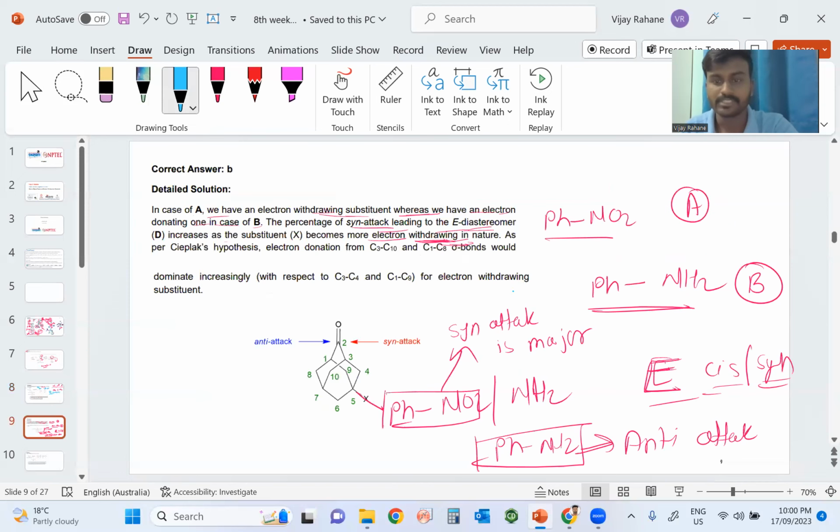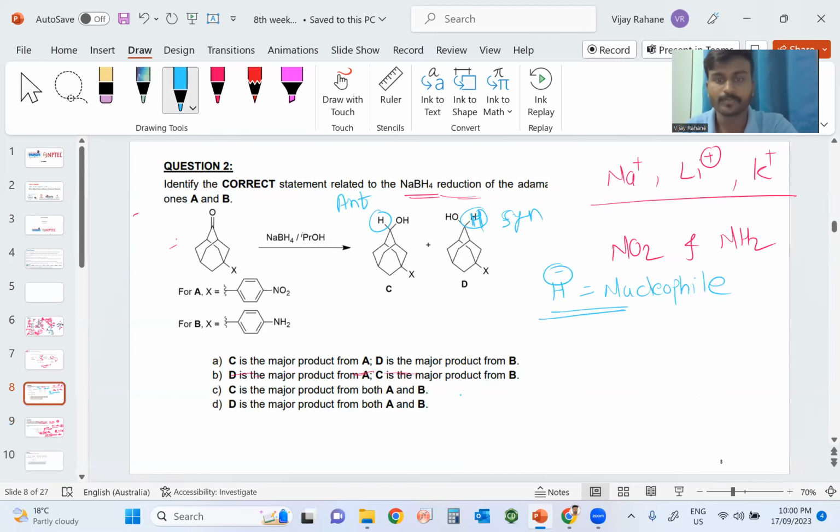As we have seen, it attacks the syn side when it is Ph NO2, the electron withdrawing group, and here Ph NH2. So option C, that C is the major product in the case of A, that is nitro, is wrong. Option B says D is the major product from A, which is nitro, and D is the syn attack product.